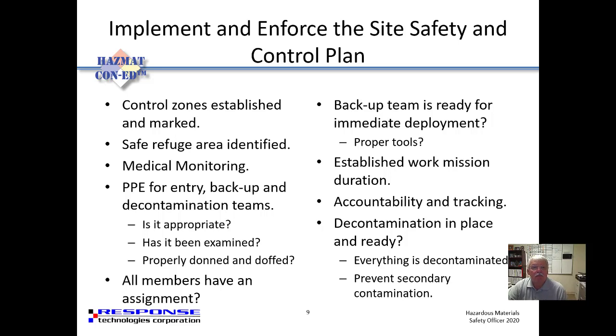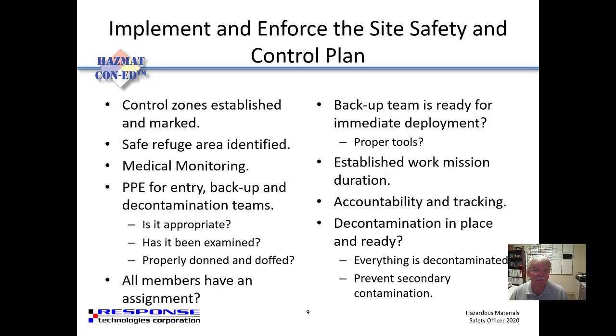Once we get them briefed and we send them downrange, then we begin to implement and enforce that site safety and control plan. We make sure that our control zones are established and marked even before they go downrange. That should already be in place. We should identify a safe refuge area. If something were to go wrong, can the emergency responders or the personnel downrange get to an area of safe refuge until we're prepared to deal with them?